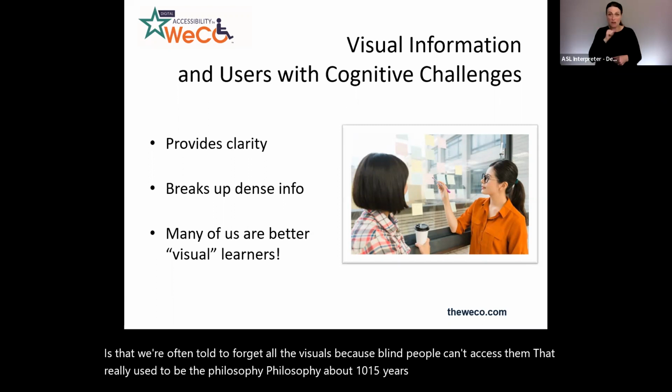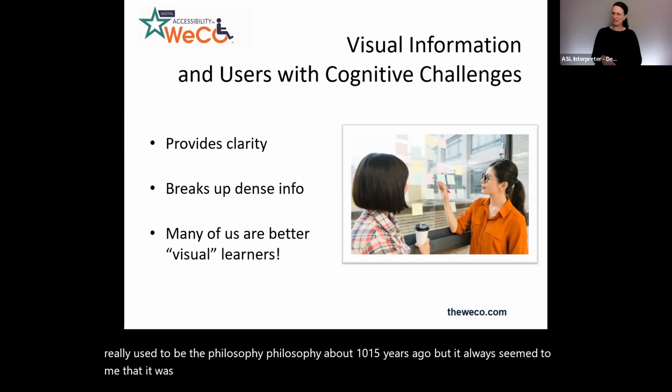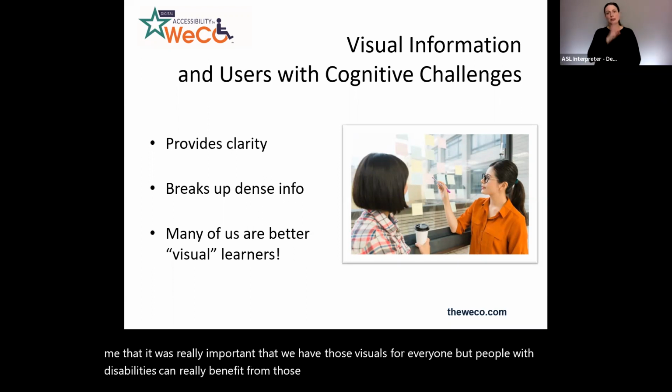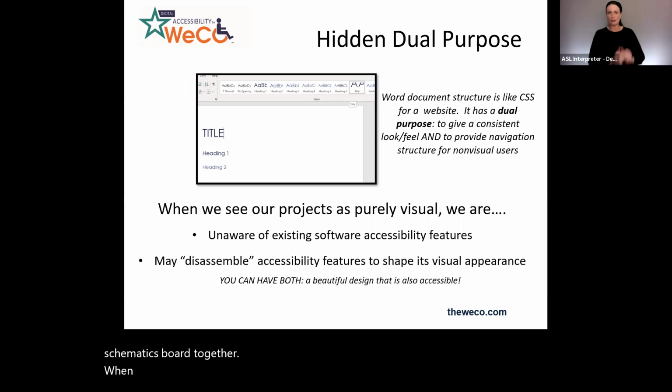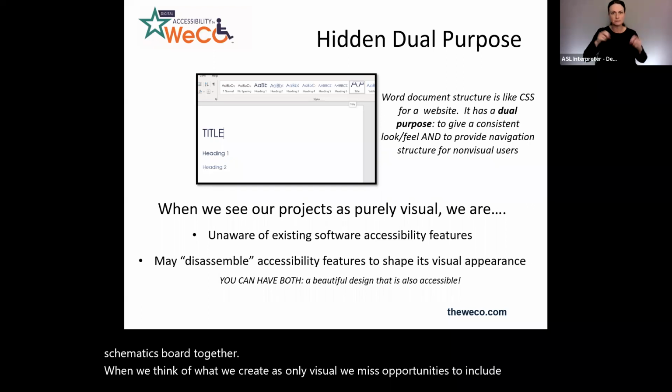But it always seemed to me that it was really important that we have those visuals for everyone, and people with disabilities can really benefit from those. This slide shows two people working on a clear schematics board together. When we think of what we create as only visual, we miss opportunities to include everyone in our design. So I'm going to break this down.